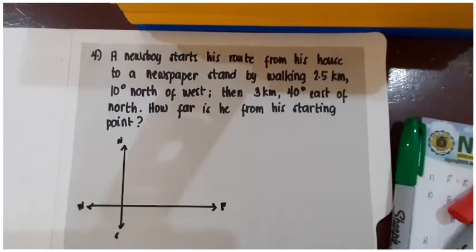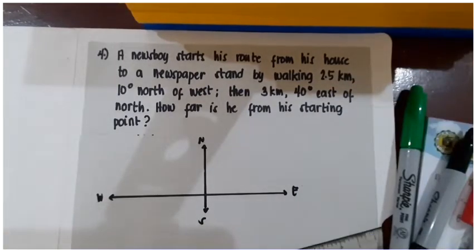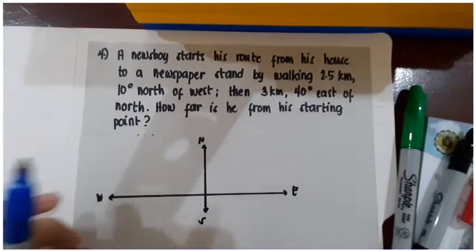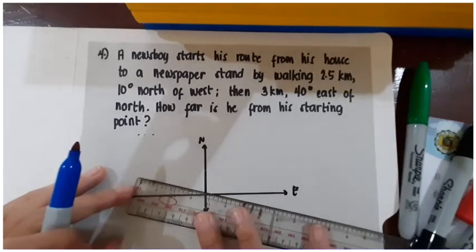Okay, another example. A newsboy starts his route from his house to a newspaper stand by walking 2.5 kilometers, 10 degrees north of west, then 3 kilometers, 40 degrees east of north. How far is he from his starting point? Okay, so we have here 2.5 kilometers, 10 degrees north of west.